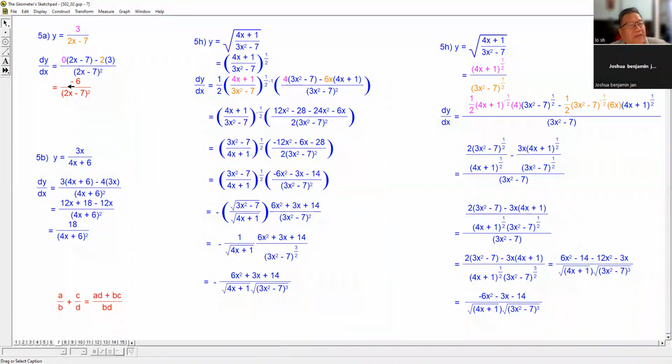So I end up having -6x divided by 2x minus 7 squared. The square comes from the differentiation. Whatever is at the bottom, we have to square it. Okay or not, this one?